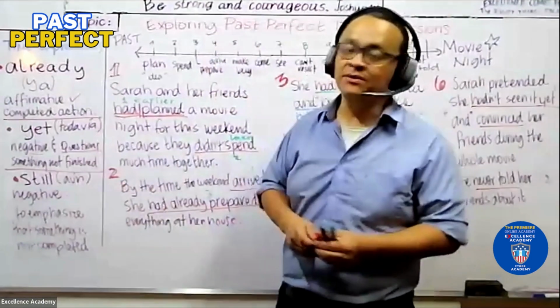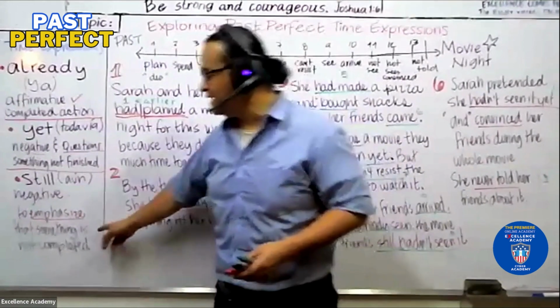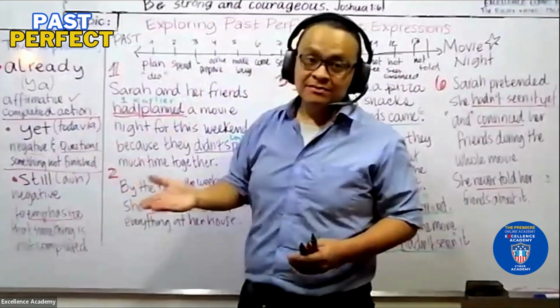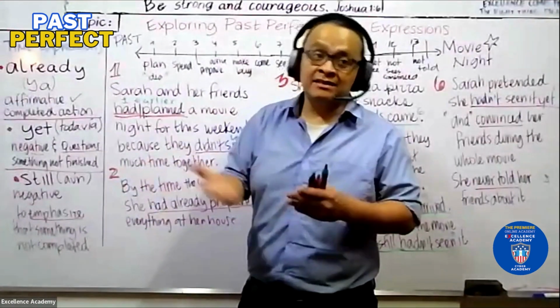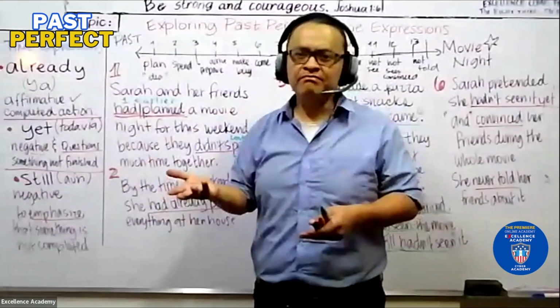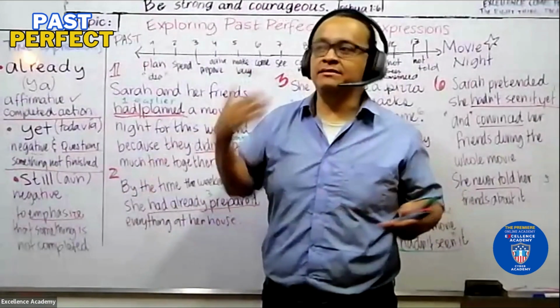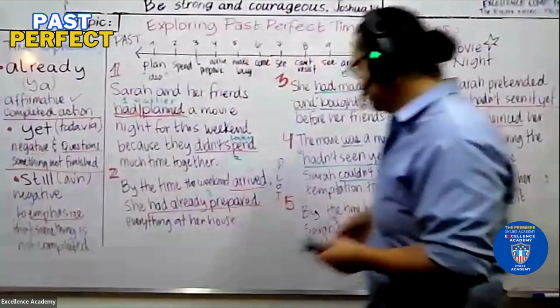The use of still is basically to emphasize that something is not yet completed, something that you assume to be completed and finished, right? You're surprised. You want to emphasize with the word still why it hasn't been completed, because you expect that it's finished, right? So that's what you're doing.